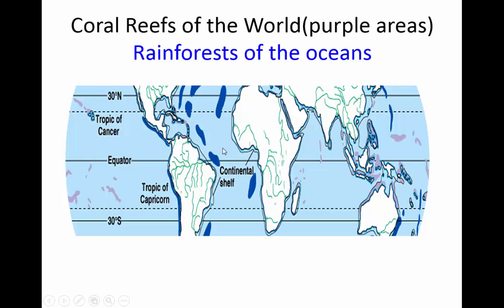These coral reefs are endangered and protected by the law, and you're going to find them in warm water climates. So notice near the equator, you're not going to have them up here in the poles, so you have them close here to the equator.